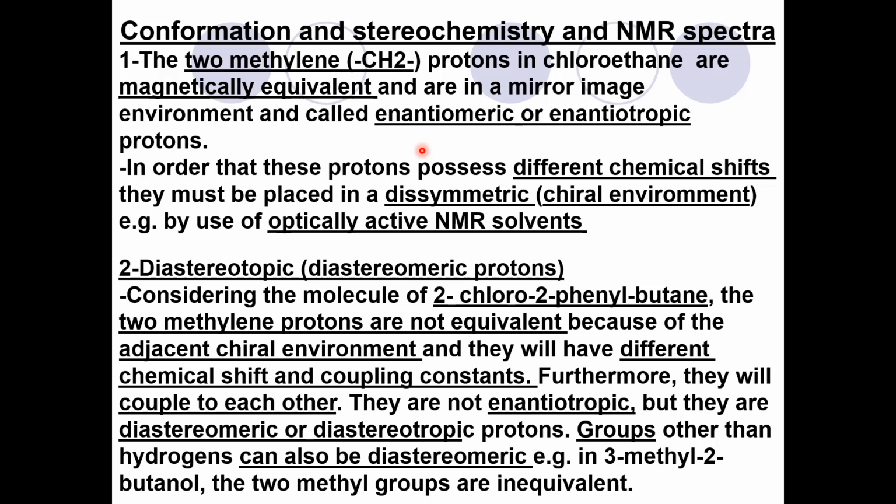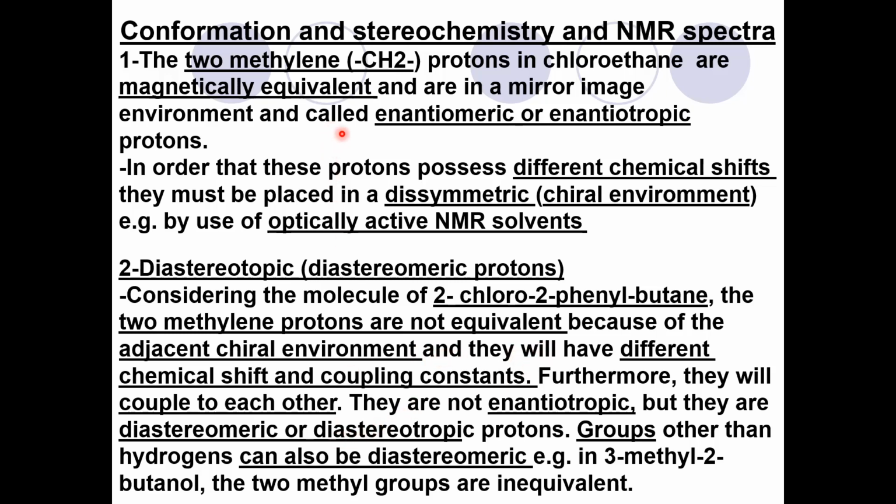However, if we have a methylene group adjacent to a chiral center, the 2 methylene protons are no longer equivalent, and they display different chemical shifts, different coupling constants, and they couple to each other. In this case, they are called diastereomeric or diastereotopic protons.